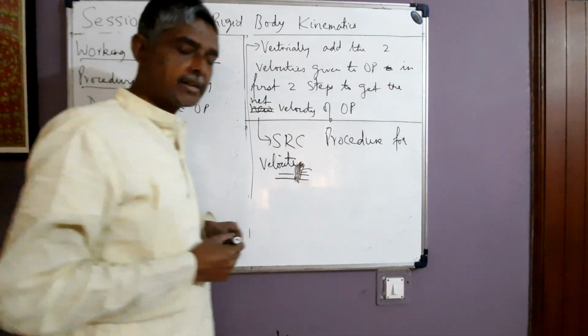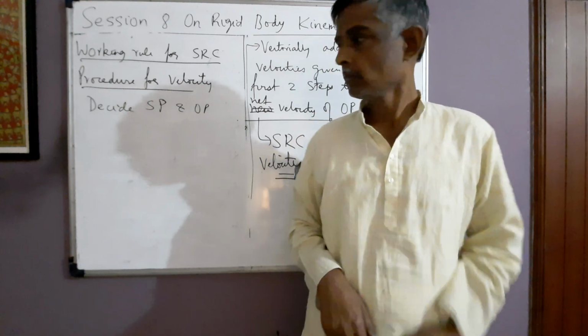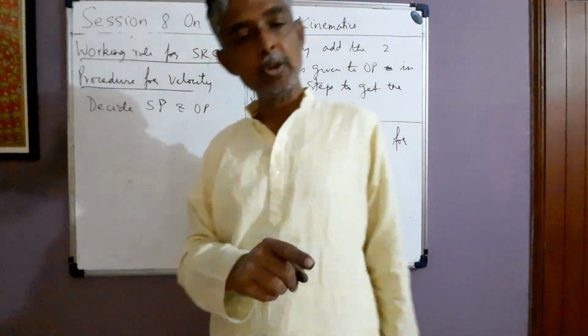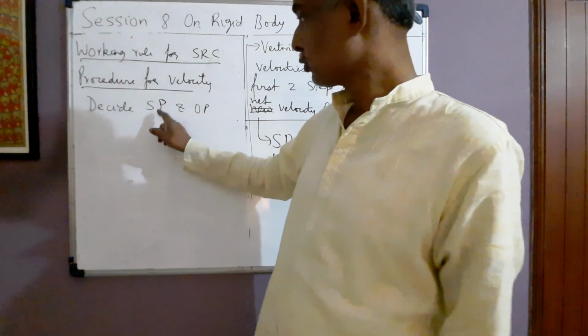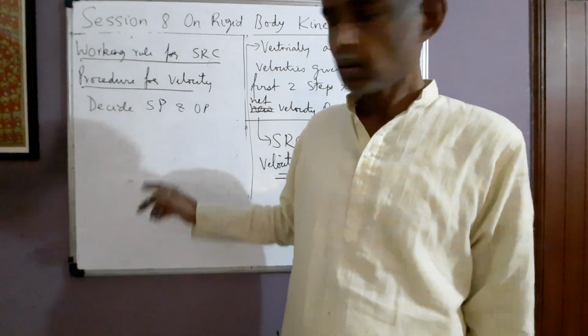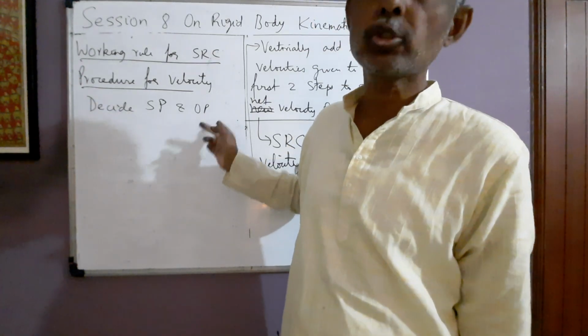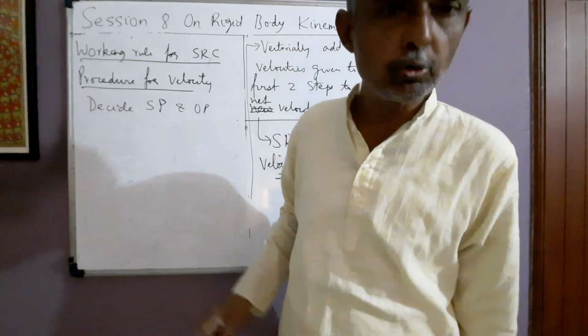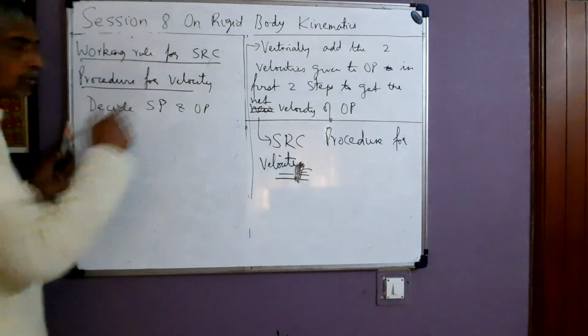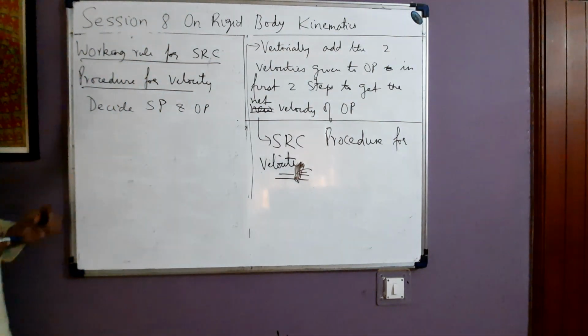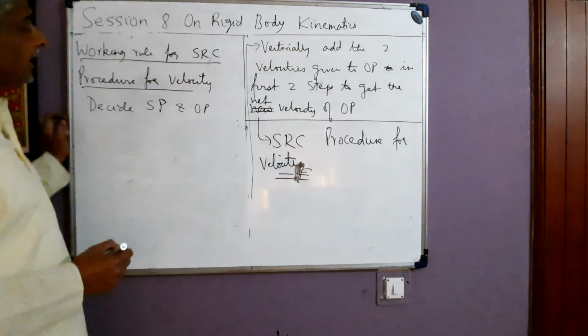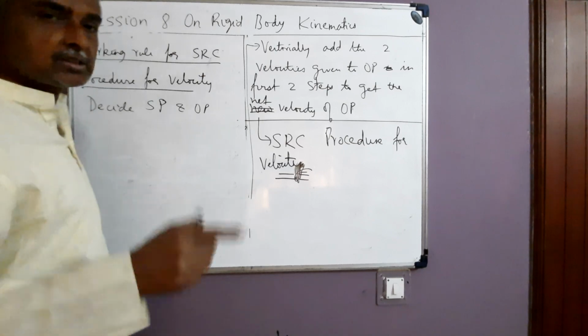In this, we must know the velocity of SP. Otherwise, if we don't know SP, then how do we find the velocity of OP? So velocity of SP must be known. Then what do we do next? We draw the line joining SP and OP, whose orientation is the same as in the question.